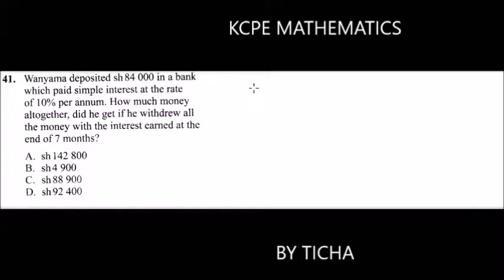The formula for finding the simple interest is the principal multiplied by the rate, multiplied by time, divided by 100. Wanyama withdrew the money after 7 months. This means the principal was 84,000. You multiply by the rate, which was 10%.